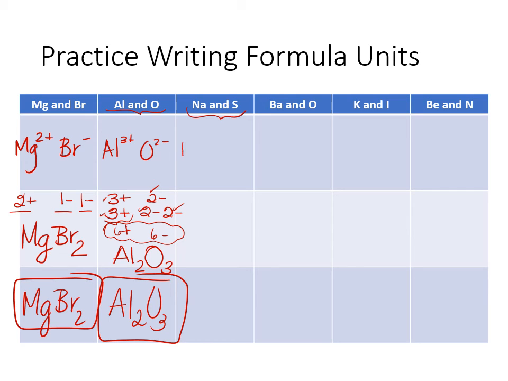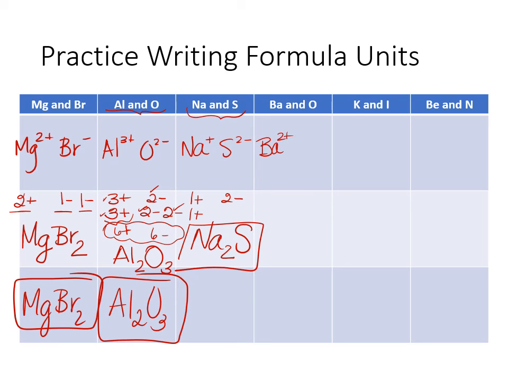Na and S. Na is a 1 plus, S is a 2 minus. So to balance that, we need another 1 plus. So we need 2 Na's and 1 sulfide. It is the lowest ratio, so I'm going to go ahead and box that, Na2S. Let's look at barium and oxygen.